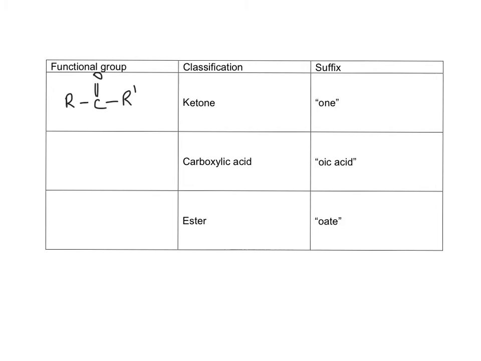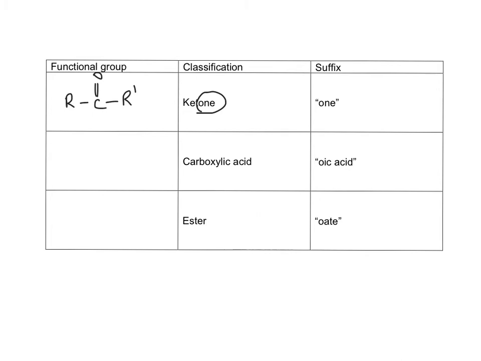And that R stands for some carbon chain length. And the ending for all ketones is ONE, so butanone, pentanone. And of course, the ending comes from the term ketone.